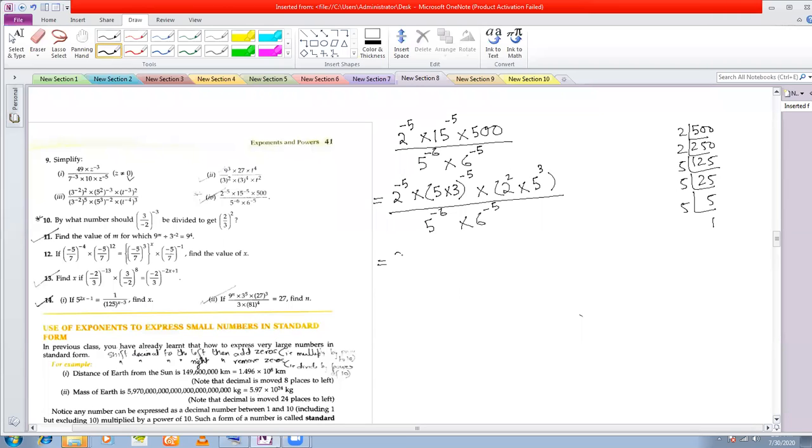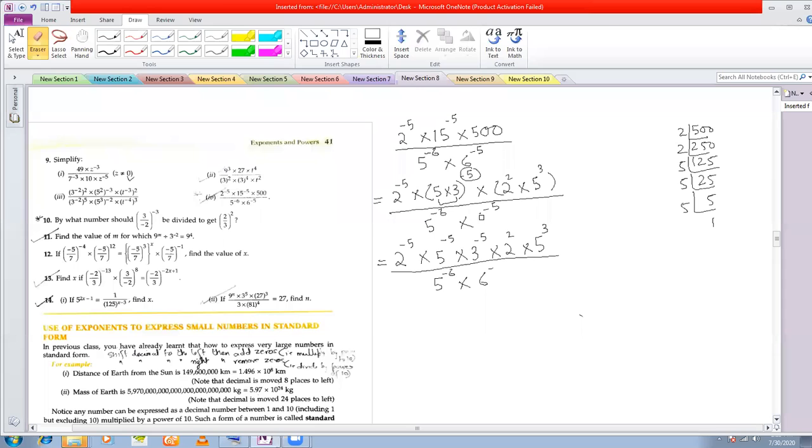Okay, so this is 2 to the power of minus 5 into, now this power will get distributed between these two. So you get 5 to the power of minus 5 into 3 to the power of minus 5 into 2 square into 5 cube, divided by 5 to the power of minus 6 into 6 to the power of minus 5, now 6 also can be prime factorized, which I have not done.